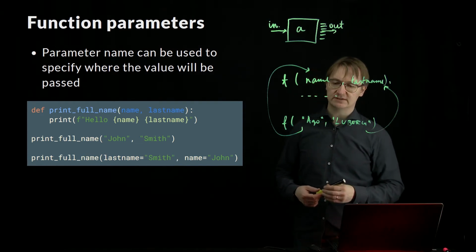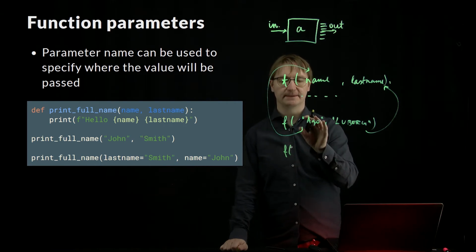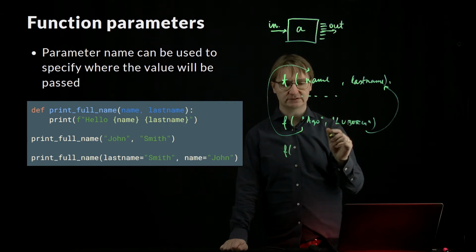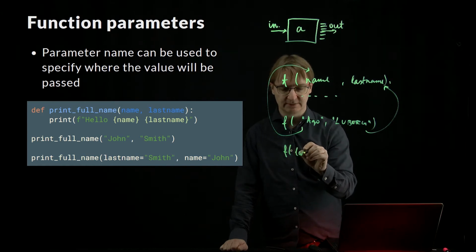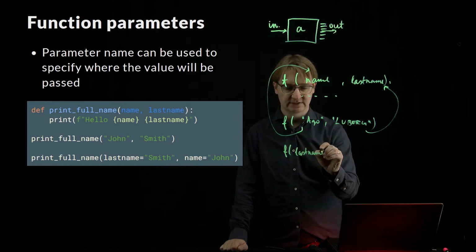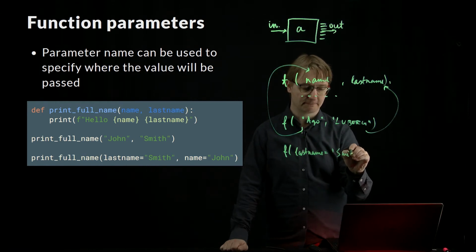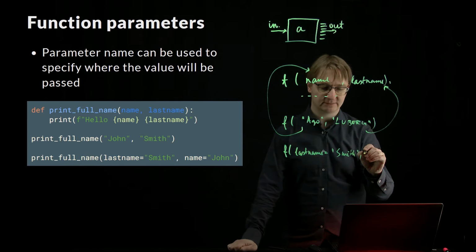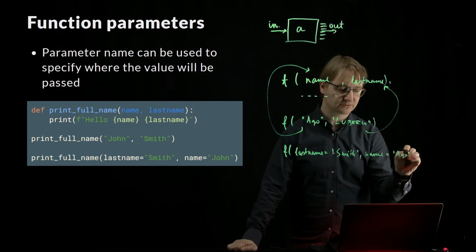But we can change that. Instead of using the positions, we can use the parameter names here. So I can say that last name is, let's say, Smith, and first name or name Aaro Smith.